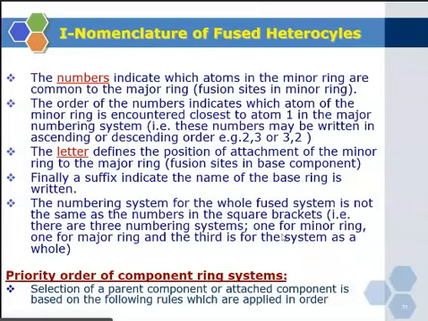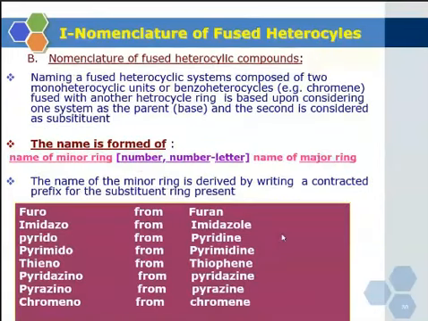Now let us see the nomenclature of some fused heterocycles. Here we can see the name of the minor ring followed by number, then number letter, and followed by the name of the major ring. Here we can see two heterocyclic rings, they are attached, or they are fused with each other.